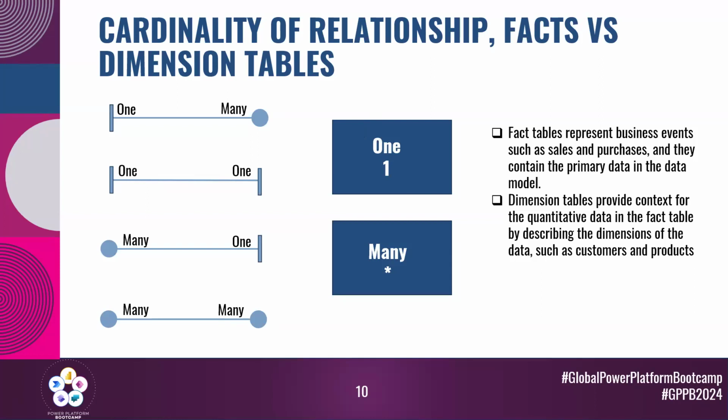The cardinality on your dimension table is a one cardinality, because what you have is a primary key and a unique list, no duplication. So we call that kind of cardinality a one cardinality.